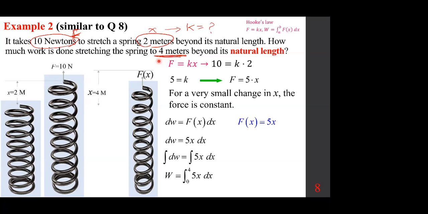As you keep on stretching, you need more and more and more force, okay? It becomes harder and harder to do that. So the force of stretching is not constant. The force of stretching is variable. And basically, you put the 5x into the integral from a to b, where a is 0 and b is 4, and there you have it. Okay, class?